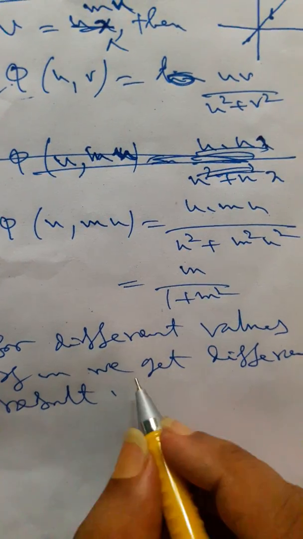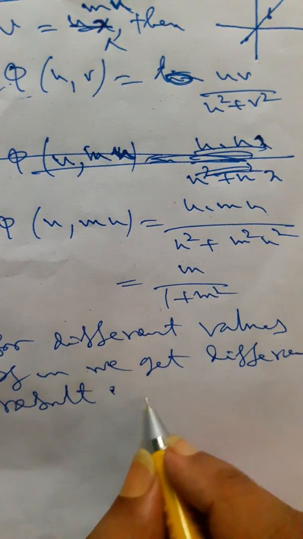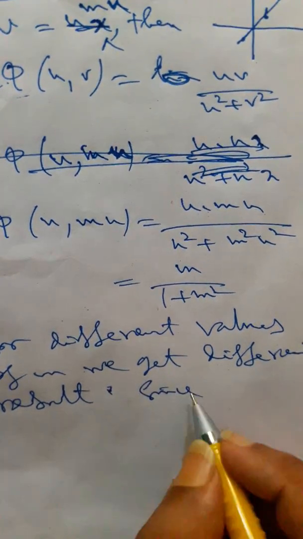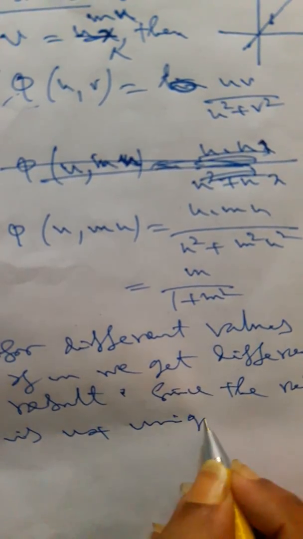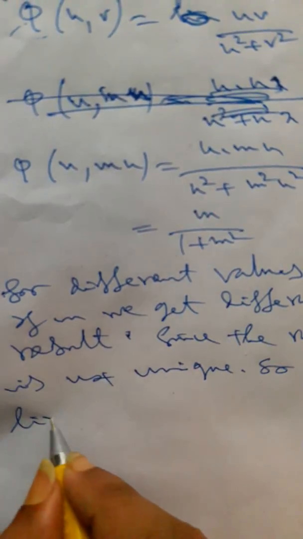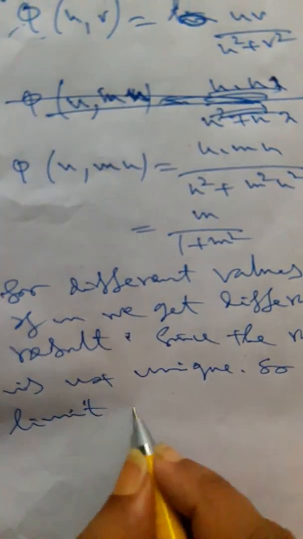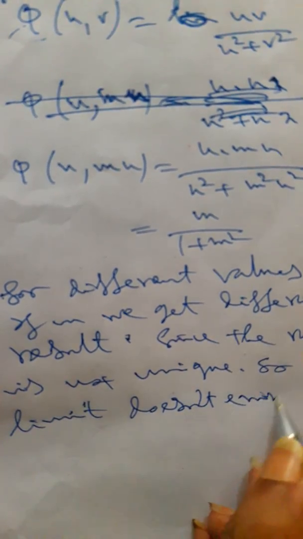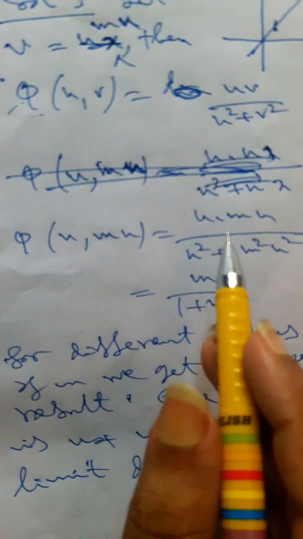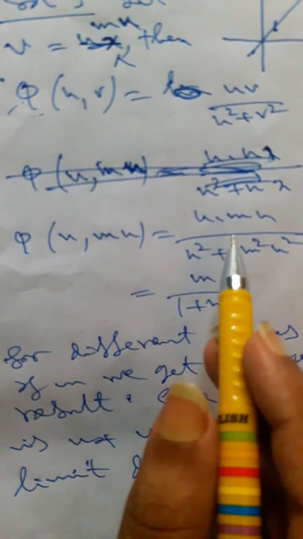Since this result is not unique, the limit doesn't exist, because if a limit exists, then it must be unique.